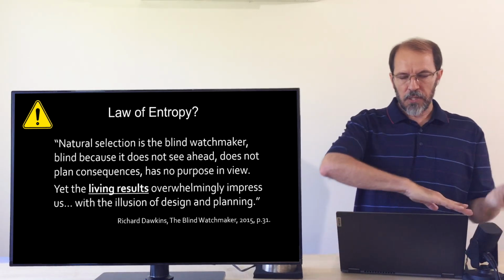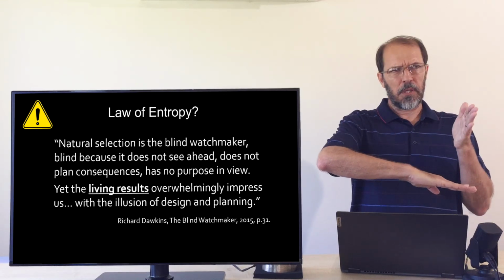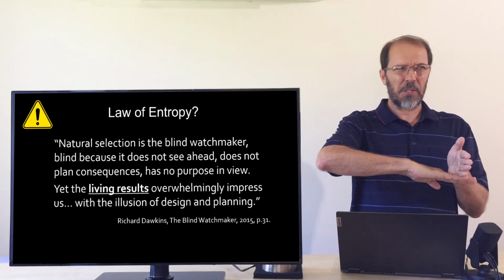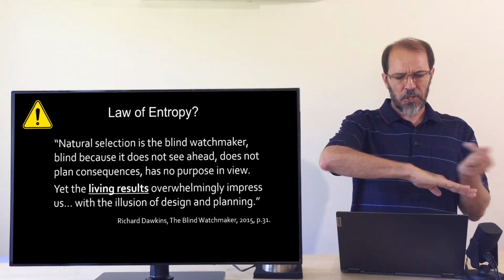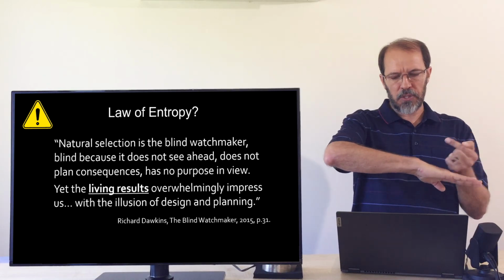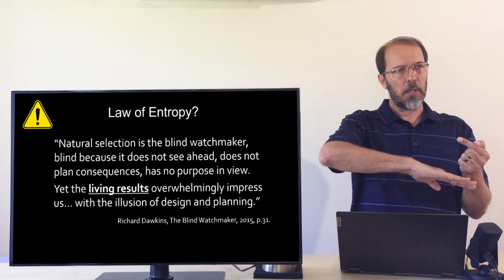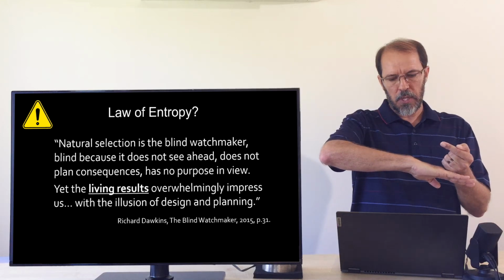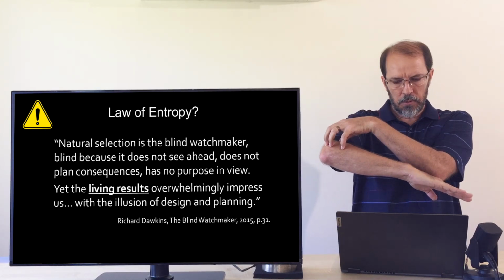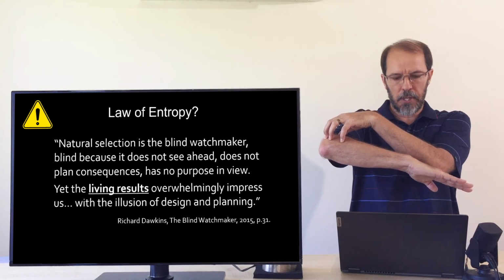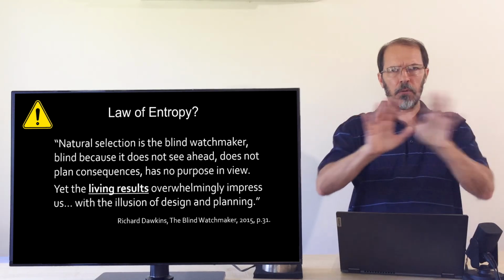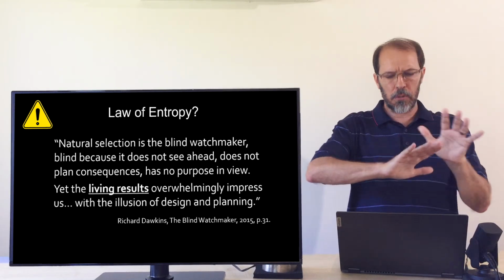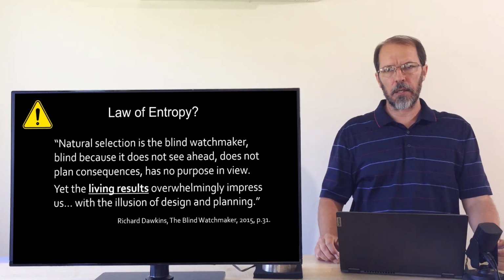Blind because it does not see ahead. So it's supposedly someone, but not really someone. It's actually blind because it cannot see ahead. It does not plan. It cannot sort of foresee the consequences. It has no purpose in view. Yet the living results overwhelmingly impress us with the illusion, all of a sudden it's an illusion, of design and planning.